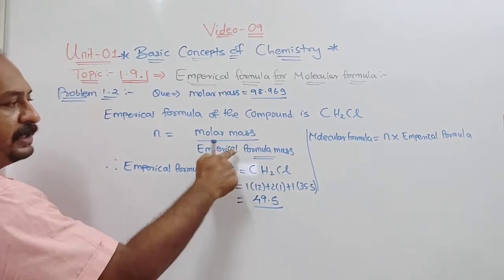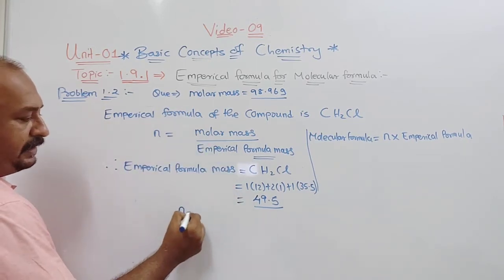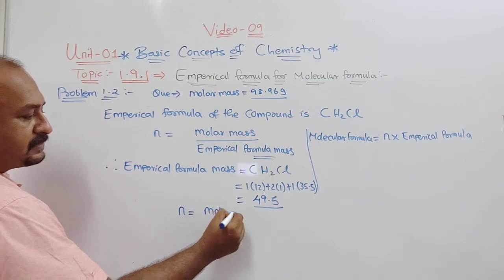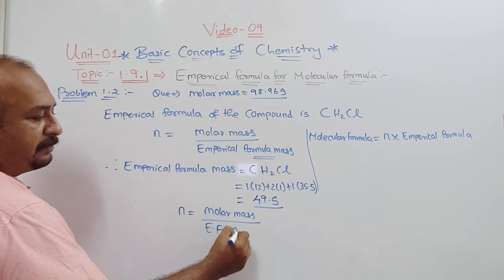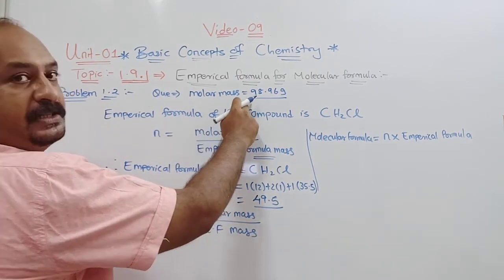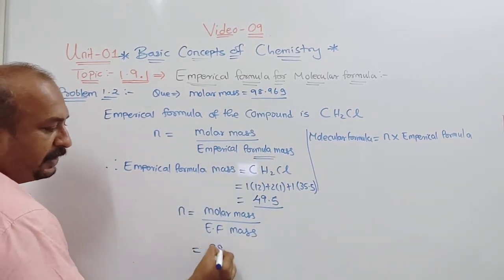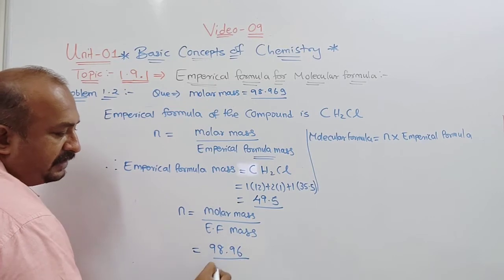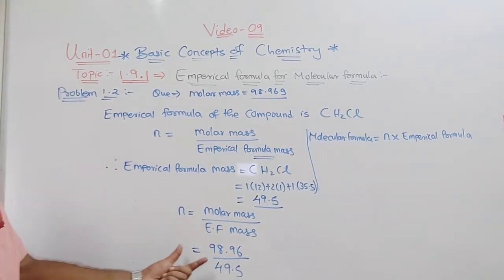Now this empirical formula mass I will keep here to find the value of n. So what do we know, n is equal to what? Molar mass upon empirical formula mass. I have written EF mass as the short form, but the molar mass was given in the question. How much is it? 98.96. So n is equal to 98.96 divided by 49.5. Understood?